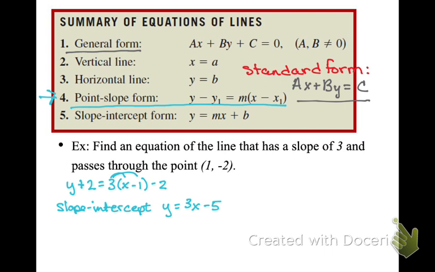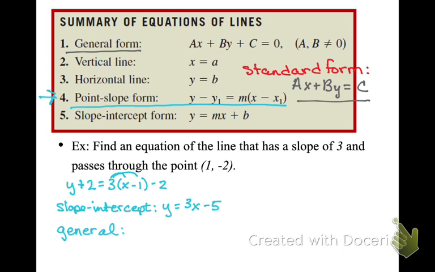Okay. Now you want to do general or standard first? General. Okay, so general. My rules are everything has to be on one side, yes. X has to be positive and no fractions. We don't have any fractions anyway, so we're good there, right?